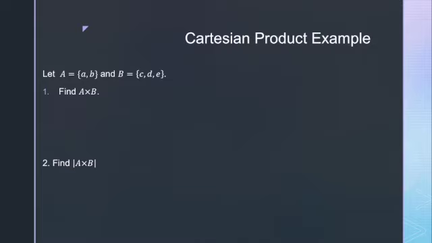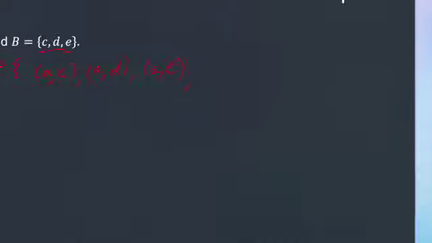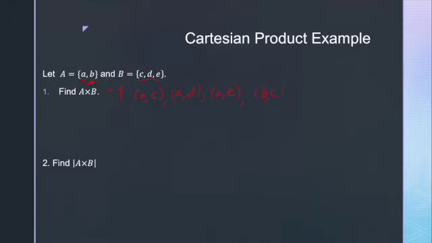That's going to equal A with every element in B. So I'd have A comma C, A comma D, and A comma E. Then I would have B comma C, B comma D, and B comma E. So this would be our Cartesian product.